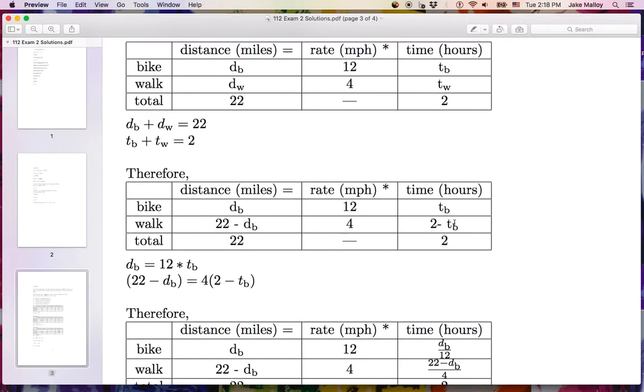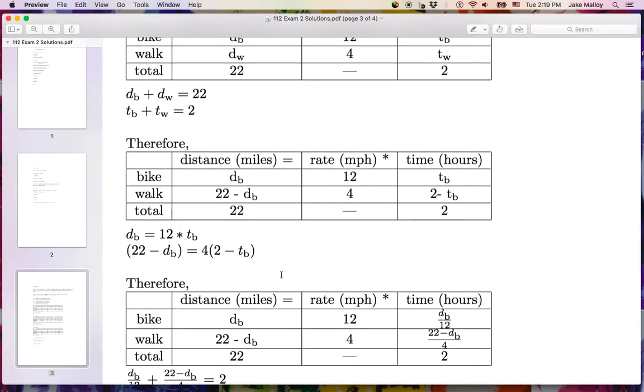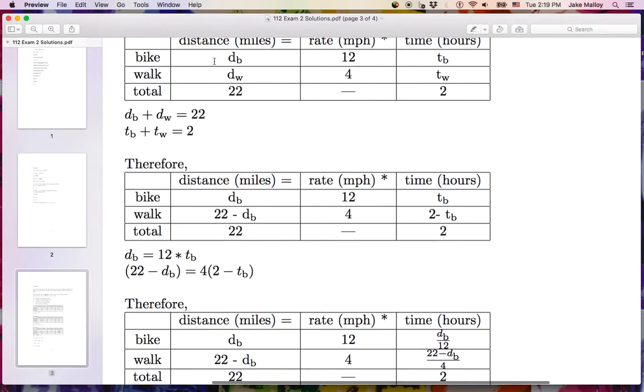Now you can come to the solution for this problem in a couple different ways. I'm going to solve directly for d sub b, but you could solve for t sub b and then work it backwards through your equations to figure out what d sub b is. Okay, so I use the fact that my pieces equal my total here, but I also know that my distance equals my rate times time.